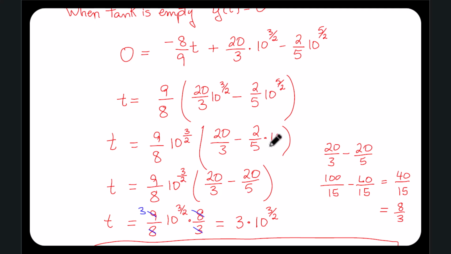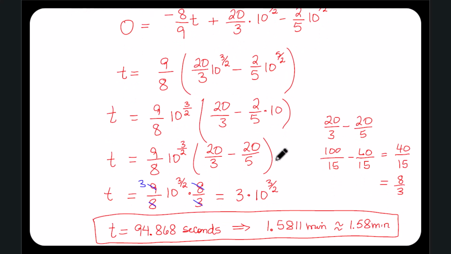All right, and we were able to simplify some of this and make it look nicer. So the time is 3 times 10 to the 3/2. And so if you calculate this, you get 94.868 seconds. Because remember, our gravitational constant was in terms of seconds.